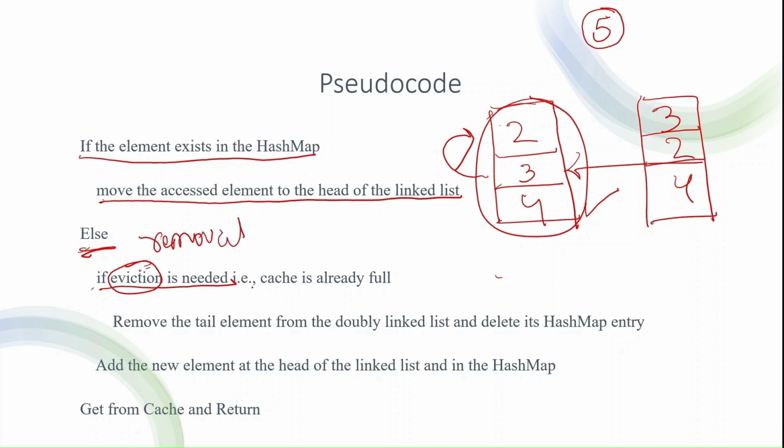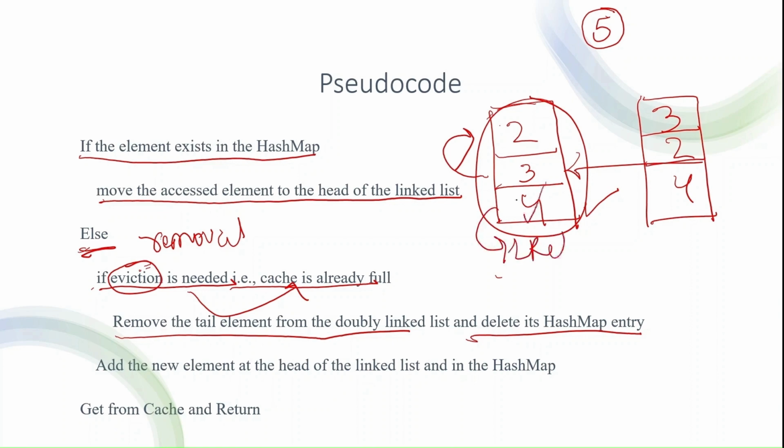If eviction is needed, that is, the cache is already full, remove the tail element from the double linked list and delete its HashMap entry. Remove the LRU and delete its HashMap entry. Done. Add the new element at the head of the linked list and it's in the HashMap.